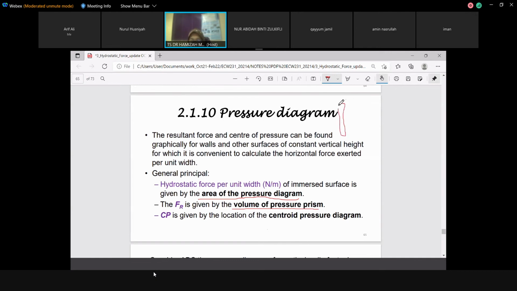For example, you have this structure. So you can lukis like a prism or triangle. So this is the pressure diagram. Okay, so kita nak kira area or volume of the triangle. So kena ada tapak, panjang, length of the base and height.